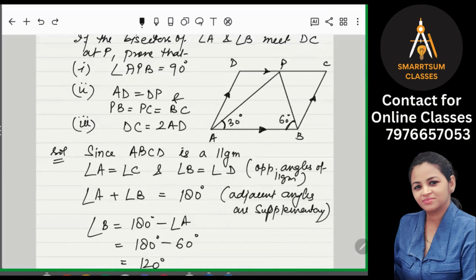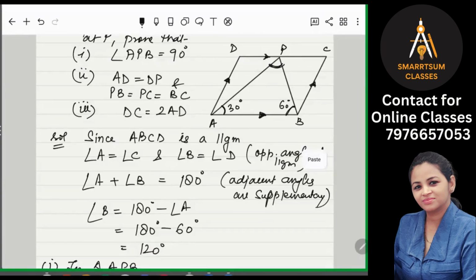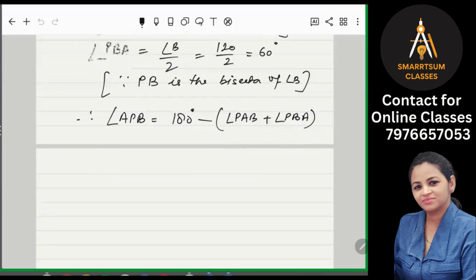Now, in this triangle APB, we have to find angle APB. This angle we have to find. Two angles we have already found. So what will be the third angle of this triangle? We can easily find it. Therefore, angle APB will be equal to 180 degrees minus the sum of angle PAB and angle PBA, because the sum of the three angles of a triangle is 180 degrees.